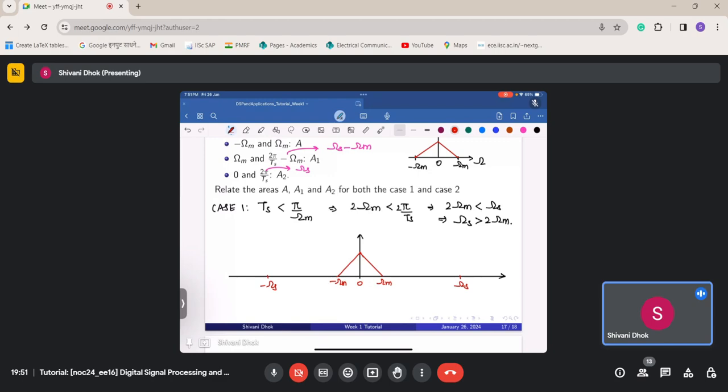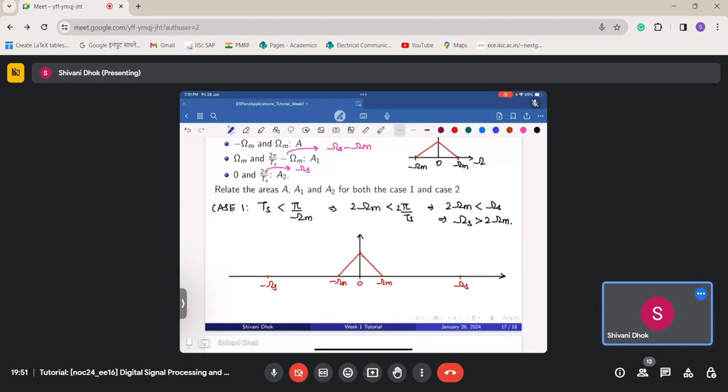And when we are doing this uniform sampling, or rather impulse train sampling, which we have been doing every time, we saw that the replica of the Fourier transform of the original signal is available at every integer multiple of sampling frequency.